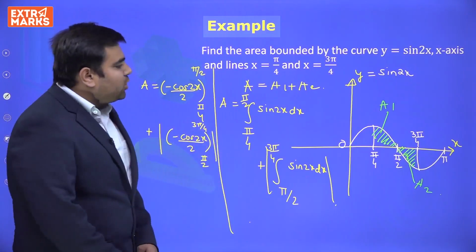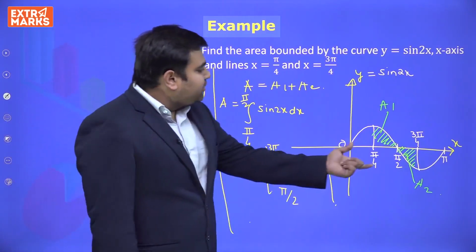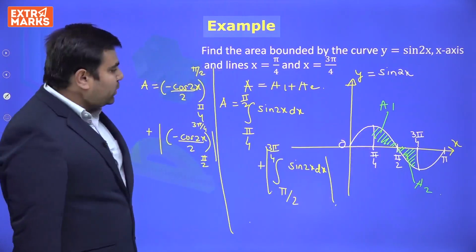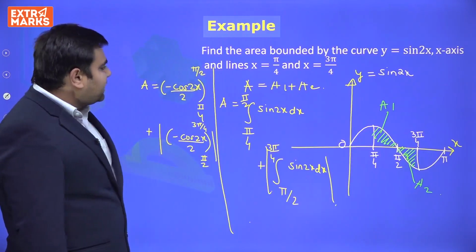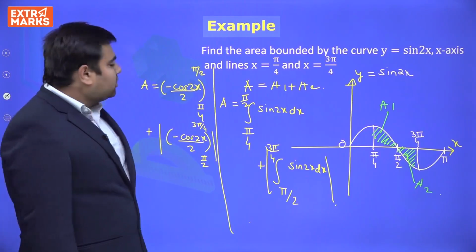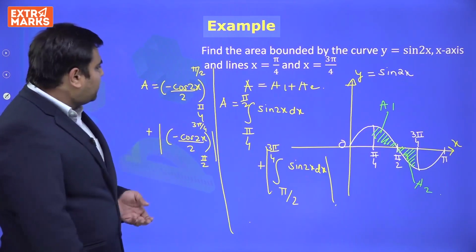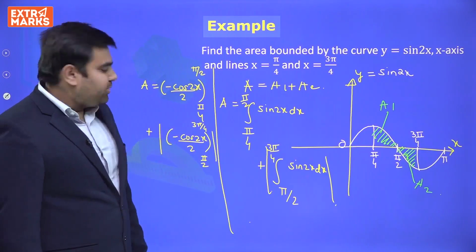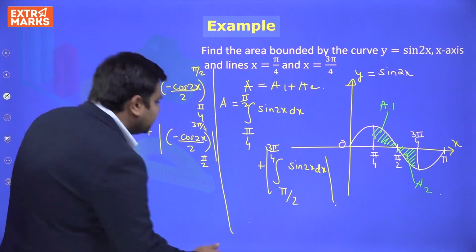Because the area has to be obtained with respect to the x-axis, this would be the final expression of the area, right? Now I hope you can easily obtain this particular area simply by substituting the values, right?